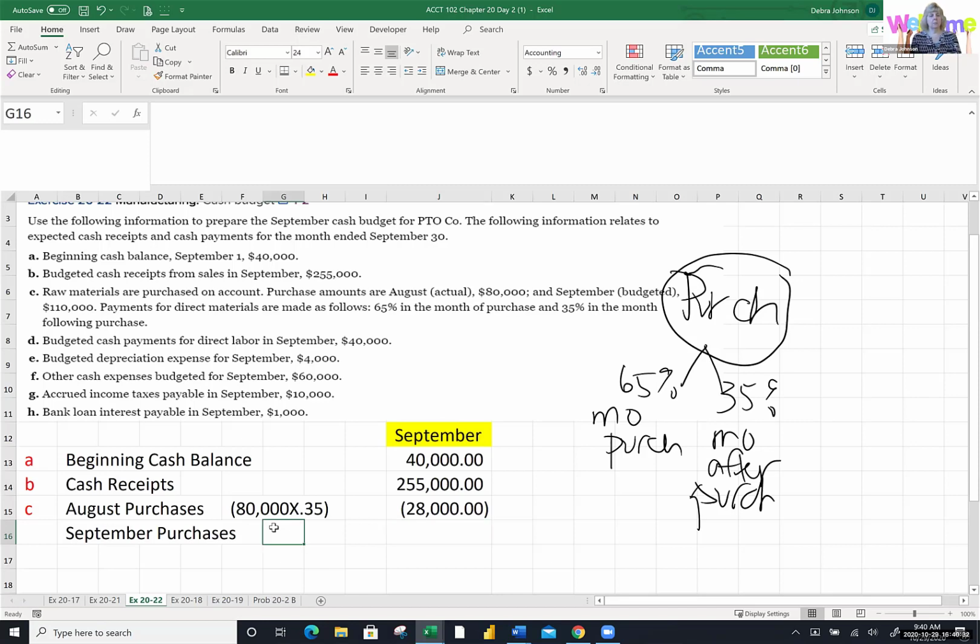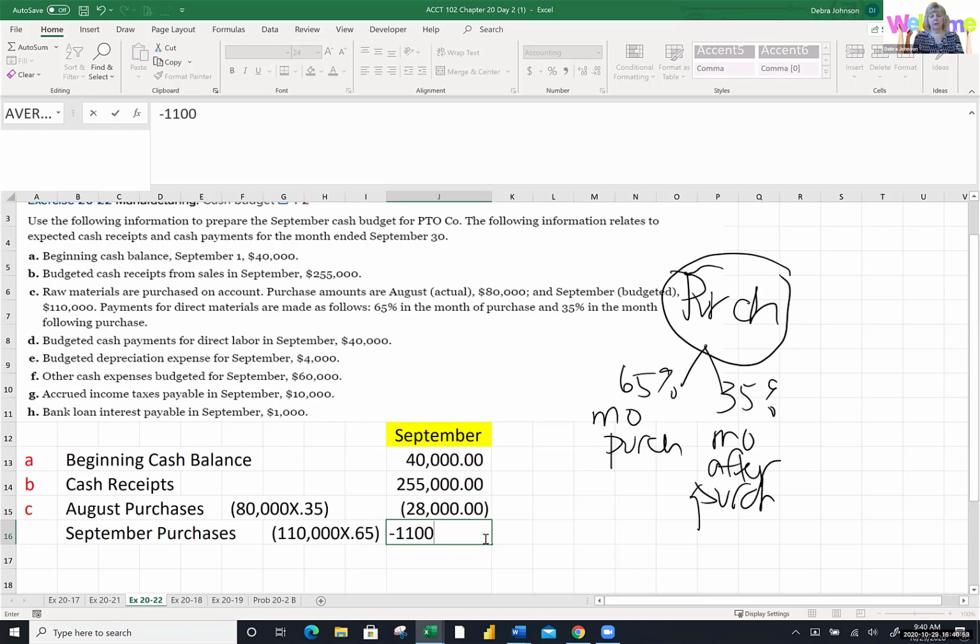On the September purchases, that was the second part of this, they total 110,000. So I'm in September, and now I'm interested in what's being paid in the same month of September. Well, that's the 65%. I'm going to do that on my calculator with a minus sign again: 110,000 times 65%.